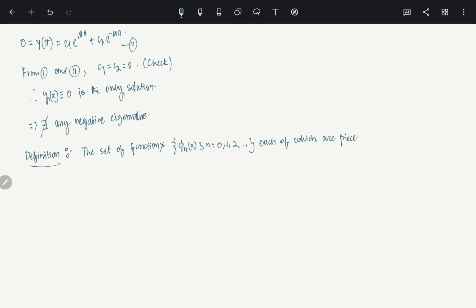For now, we are just starting with piecewise continuous.